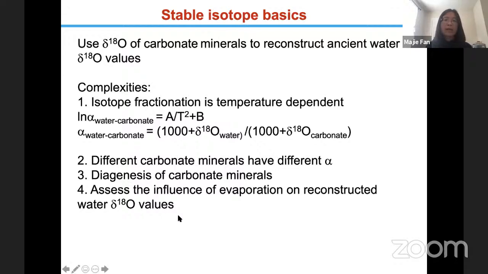We also need to assess the influence of evaporation, because when we look into the change of the isotope value, evaporation can easily increase the delta 18O value, and we want to rule out the influence of evaporation on our oxygen isotope record.